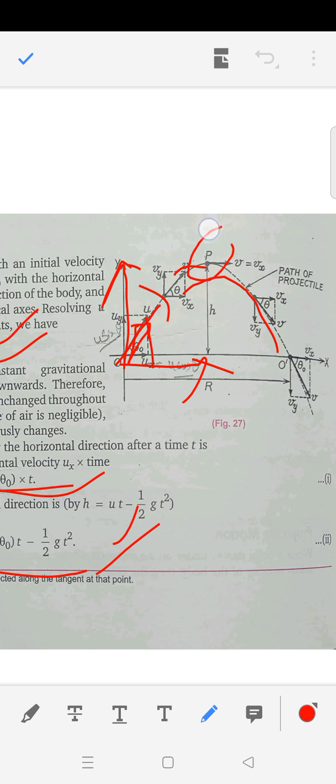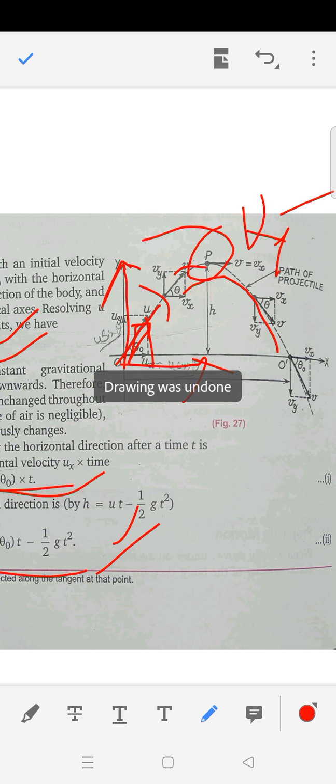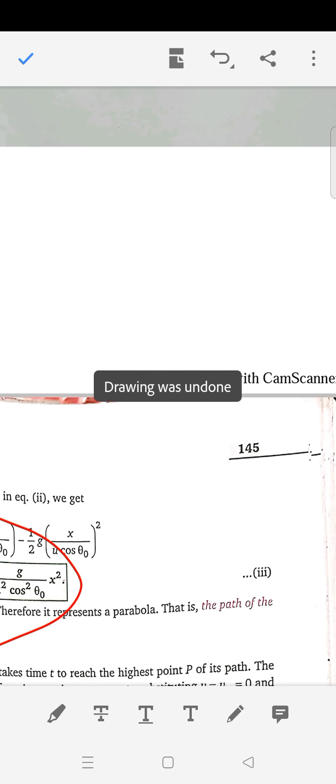This point P is called the highest point, and up to here the vertical velocity becomes 0. We will apply this concept in these derivations.